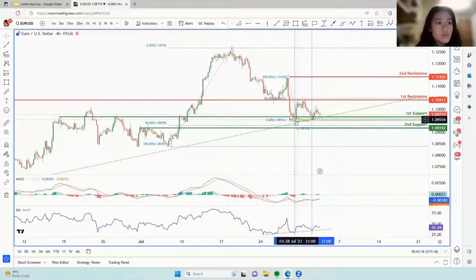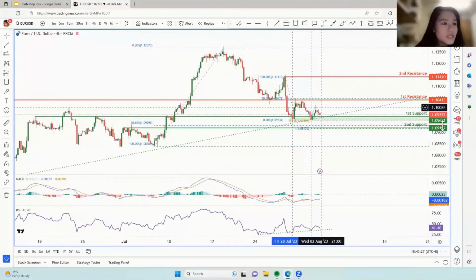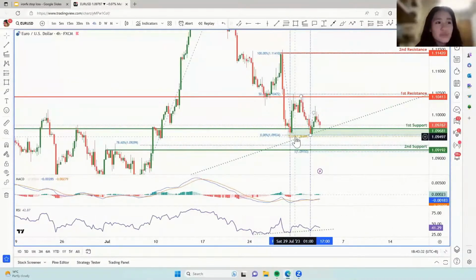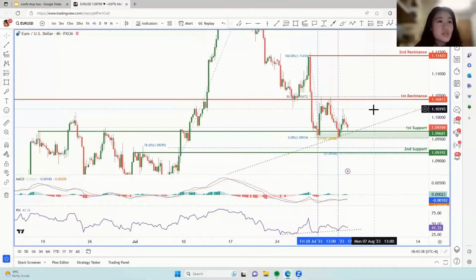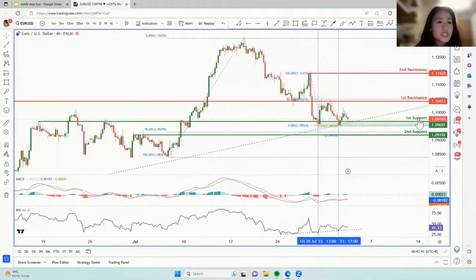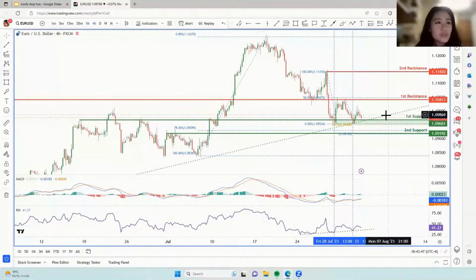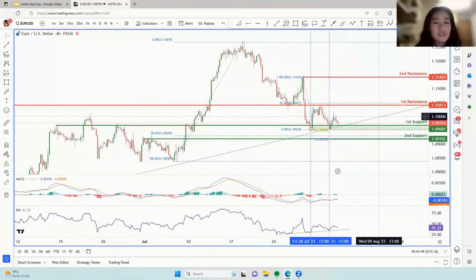But I also have the 61.8 Fibonacci retracement and, let me take a look, yeah, 61.8 Fibonacci projection. You can see these 3 points over there. So my 61.8 Fibonacci projection lines up nicely with my first support. So I can expect price to reverse off of our first support and within this ascending trend line.